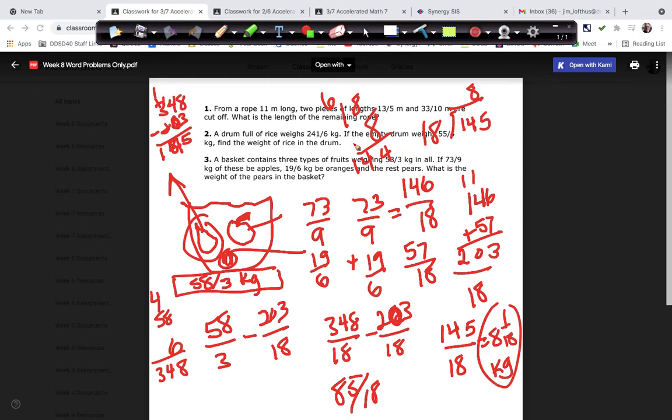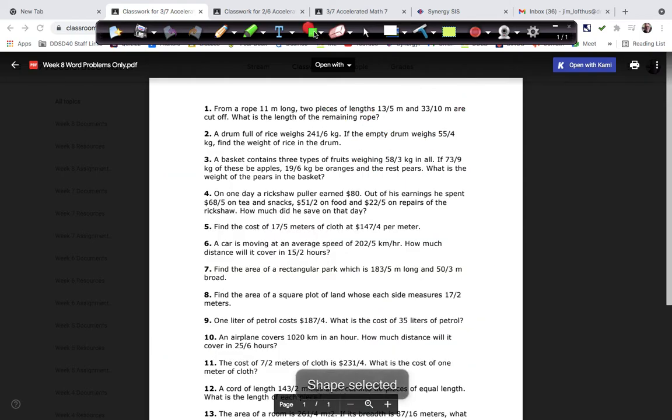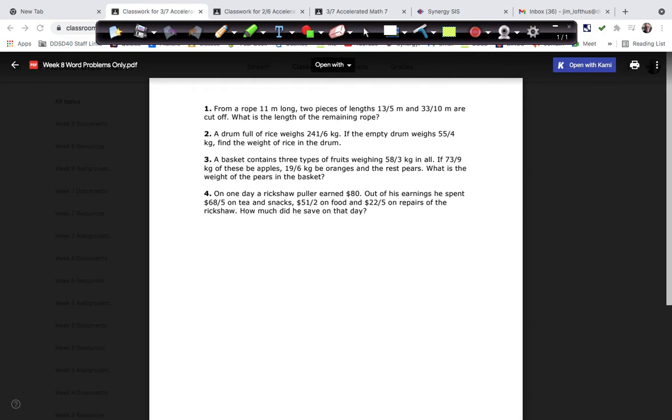All right, let's look at number 4. Number 4 says one day a rickshaw puller earned $80. So we have a total for the day of $80.